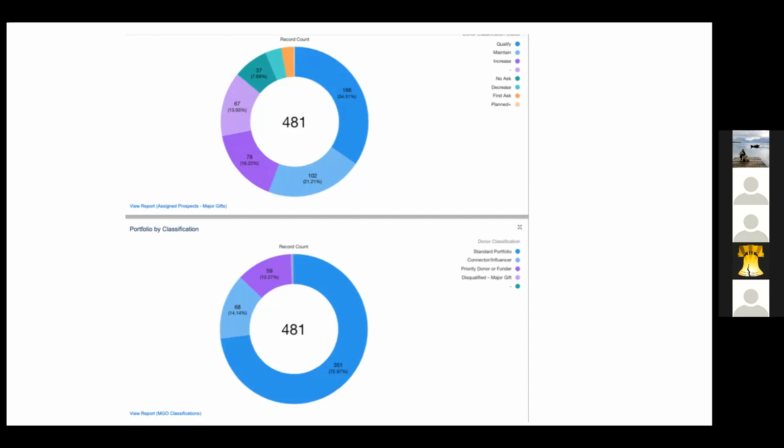And if we have 50% decrease asks this fiscal year, that tells you something. Or we have very few planned asks in this chart this year, and that may be something we want to think about. So being able to visualize the data that you're gathering is kind of the goal.